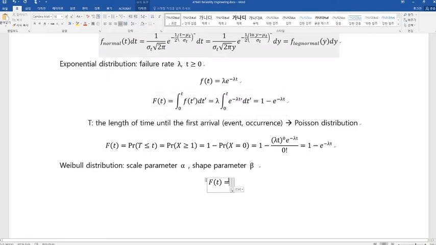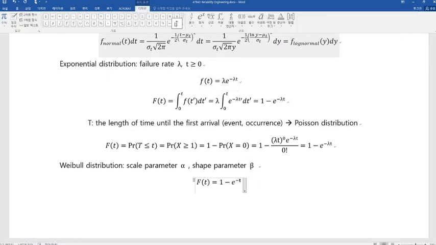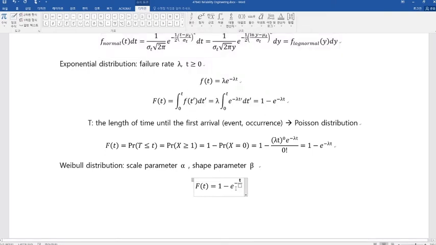And here the CDF is given as 1 minus exponential minus, instead of lambda t, this time it is going to be as follows.